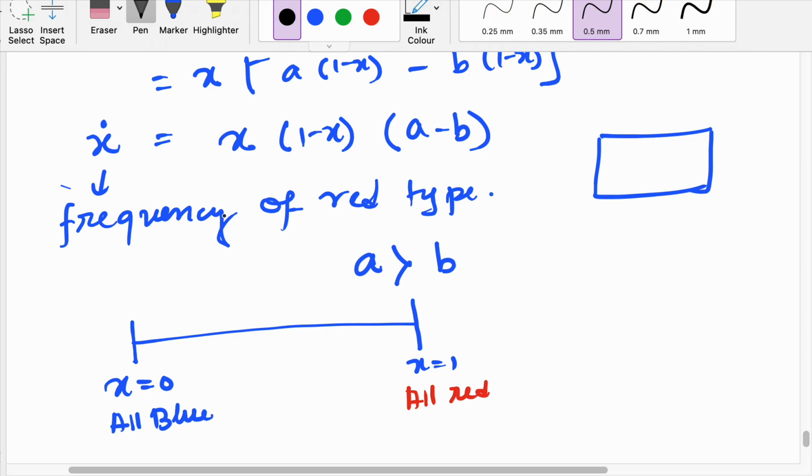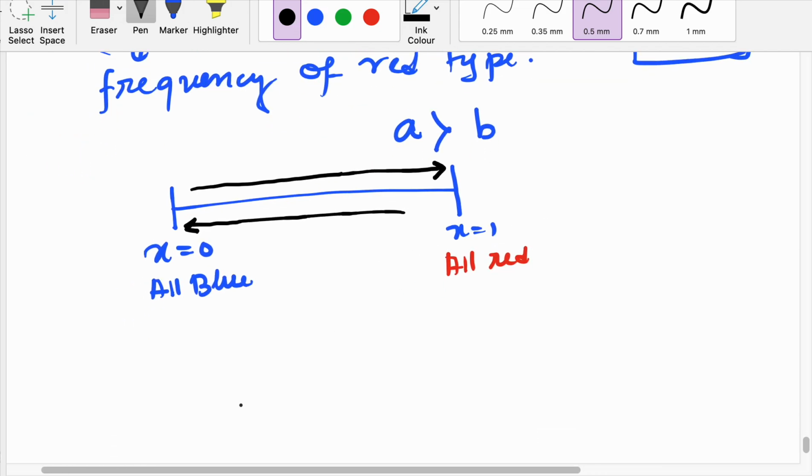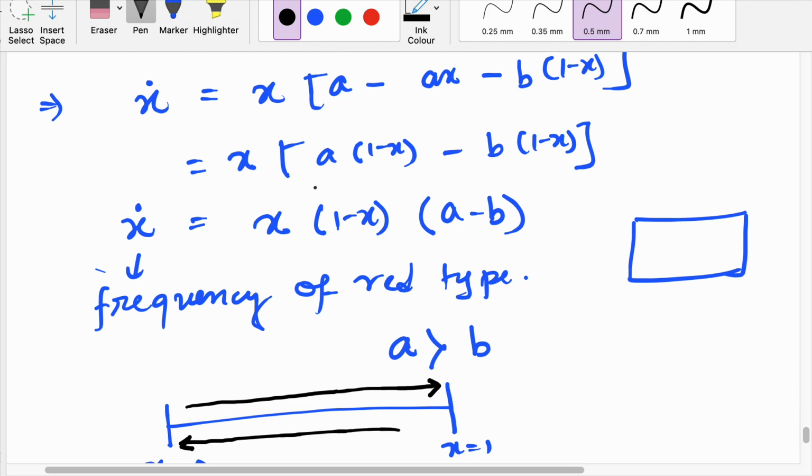This equation tells us that the selection of a and b will happen, and the dynamics can go in this direction. So all the individuals will become either all red or all blue. And if that happens, we say selection has happened, and the system itself has selected one individual type over the other.